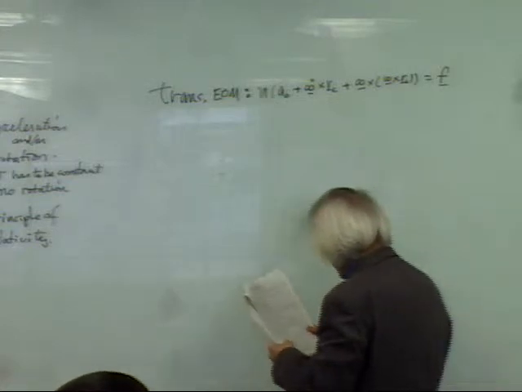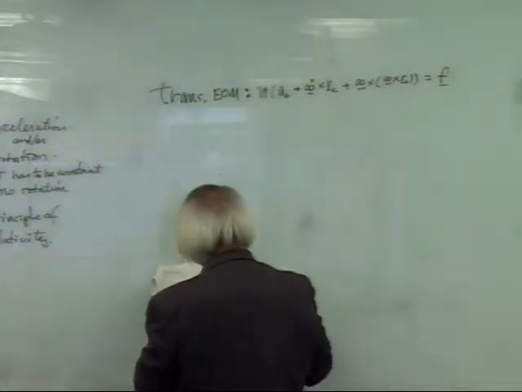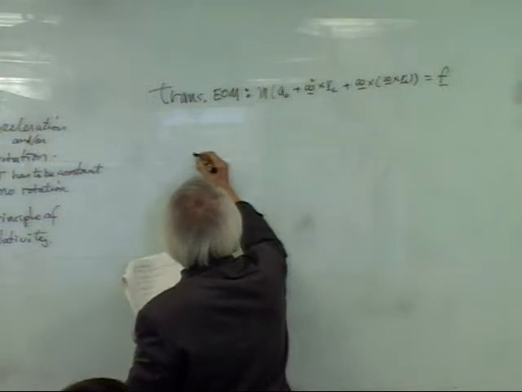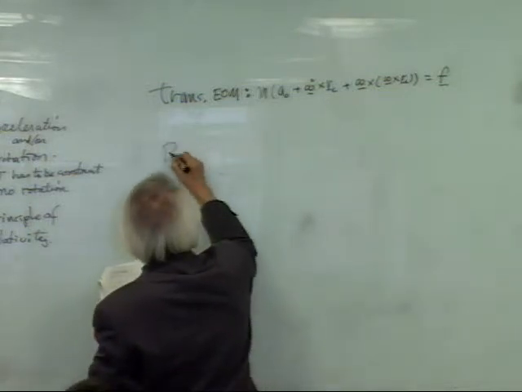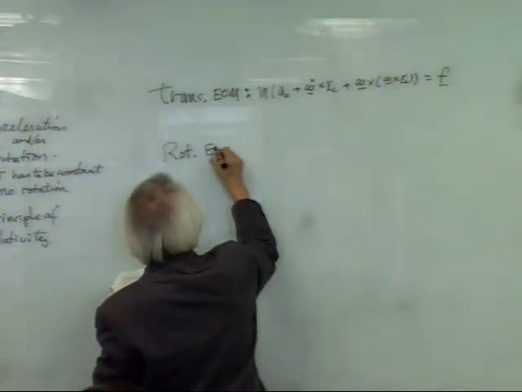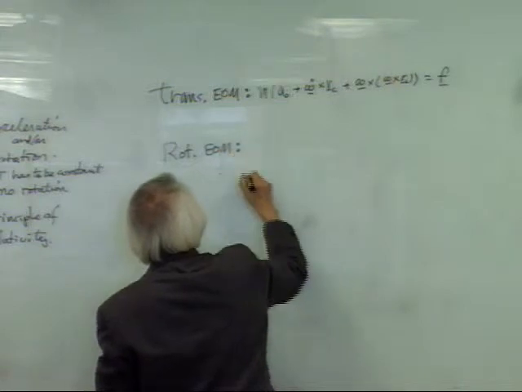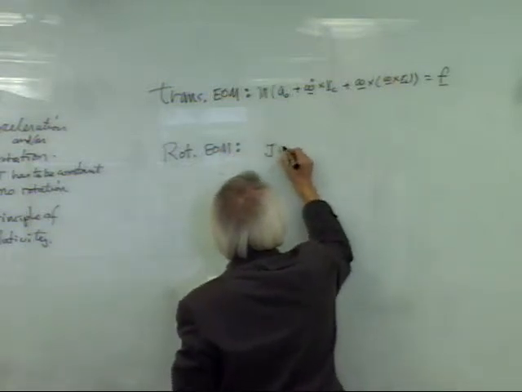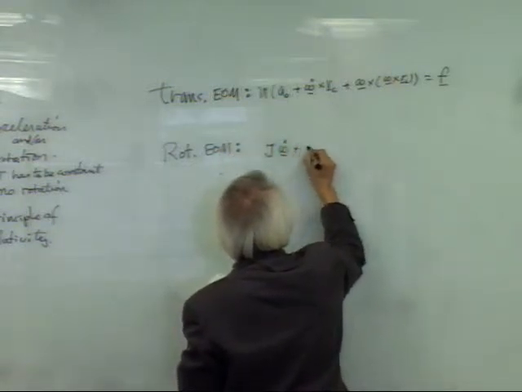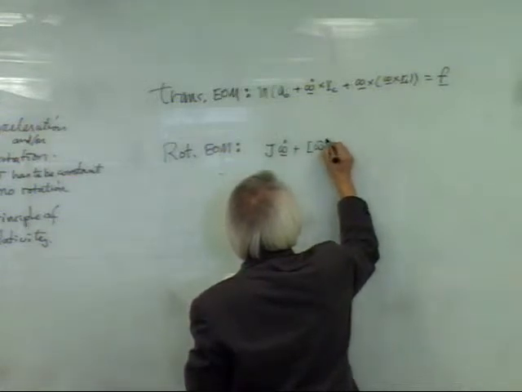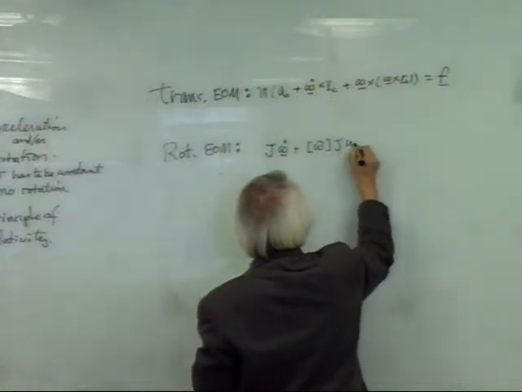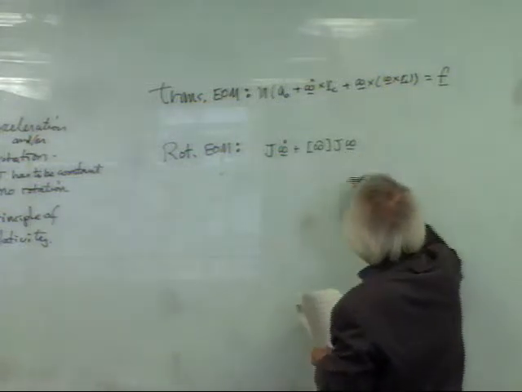The other one was the rotational equation of motion: J omega dot plus skew symmetric matrix omega times J omega. Okay?